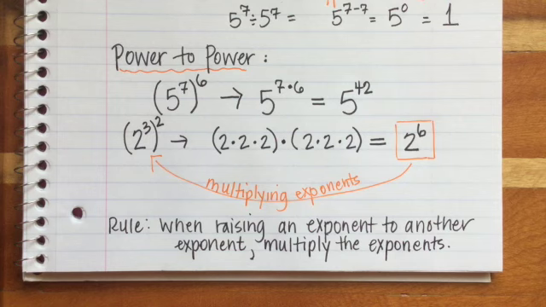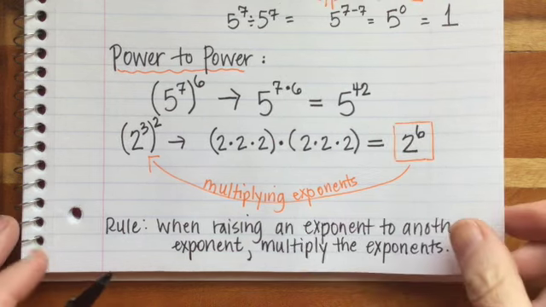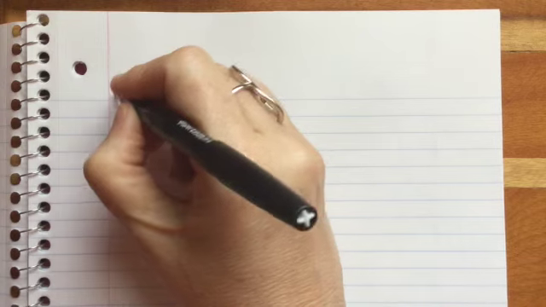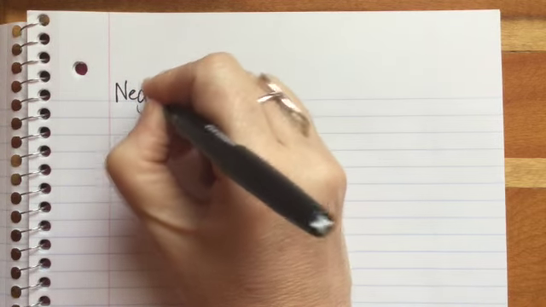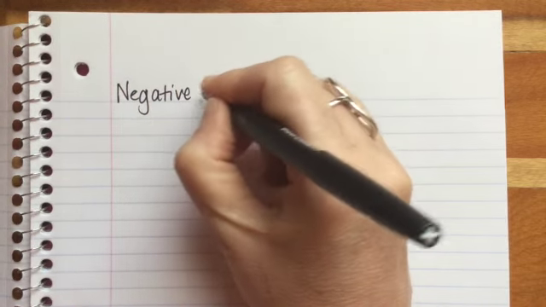Okay, let's take our next move into negative exponent property. So this one, I am going to walk through some examples first and show you what it might look like to get a negative exponent. So we'll title this negative exponent property.